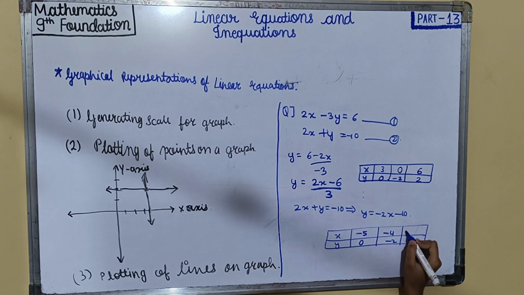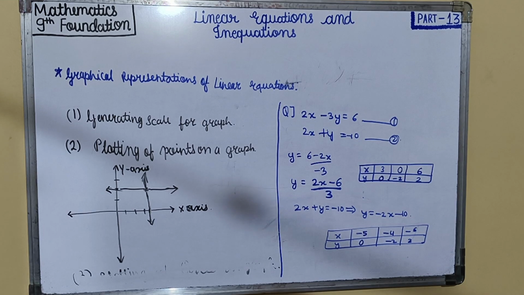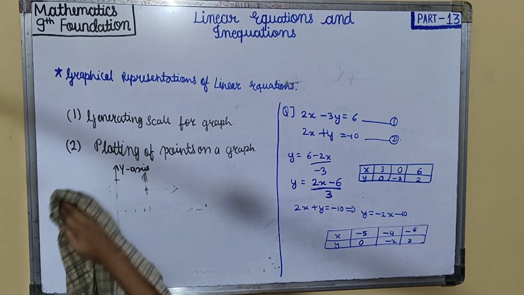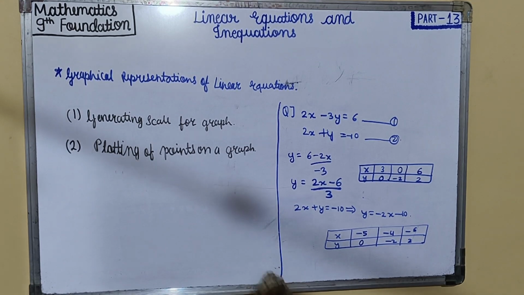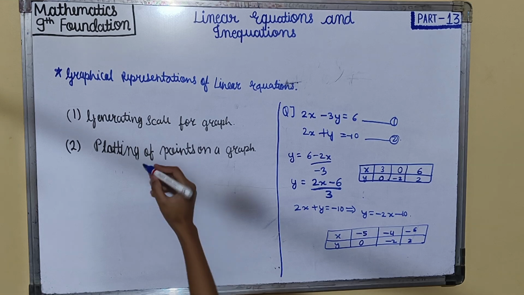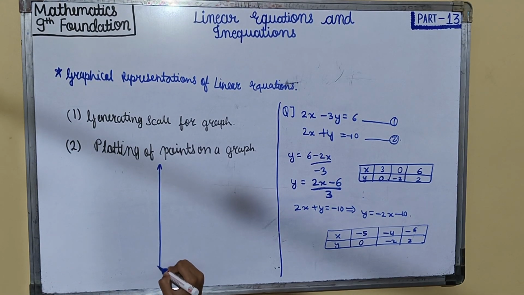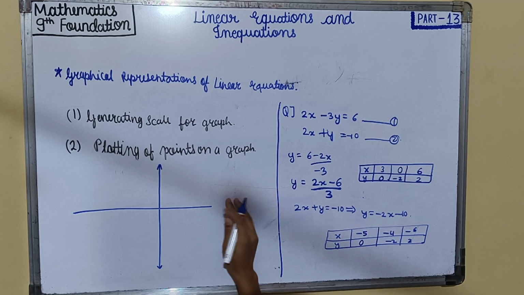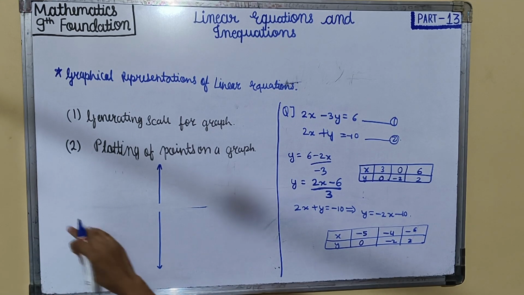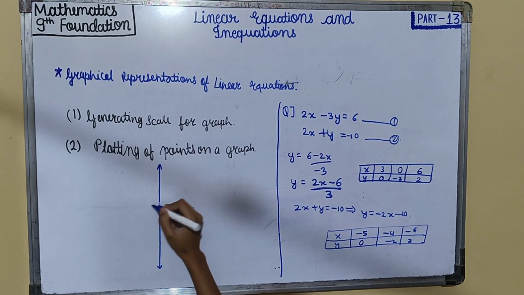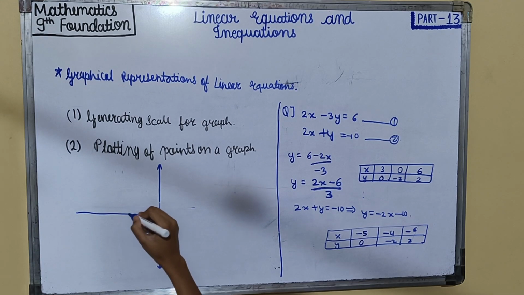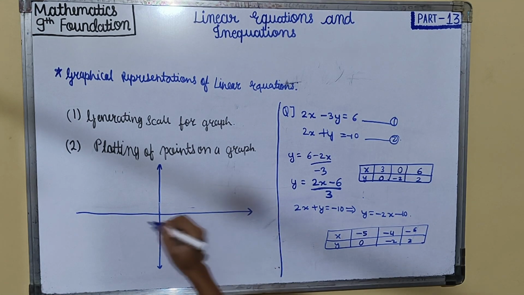So if we put minus 6, we'll get 2. And on the graph the representation would be like this.